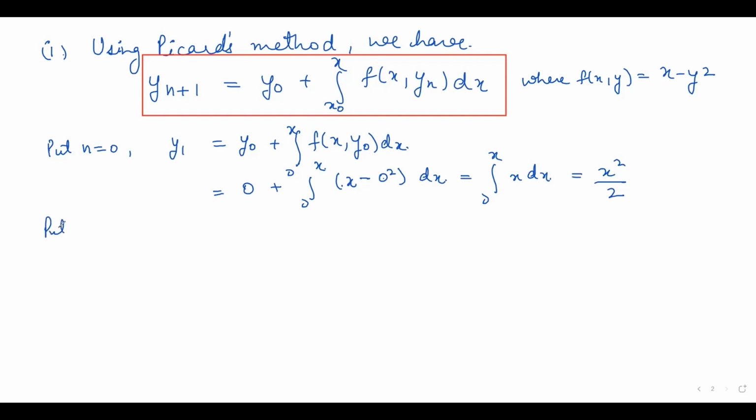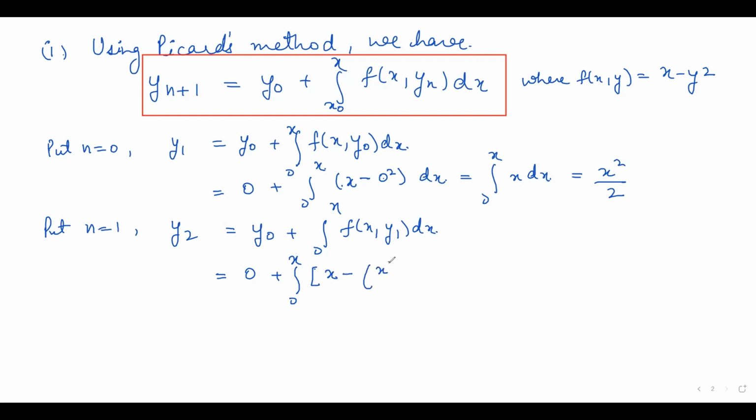When I put n is equal to 1, I'll get y2, that is y naught plus the integral from 0 to x of f of x, y1 dx. So y1 would be what you have calculated, x square by 2, and we need to substitute it. So this would be x minus y1 square. Instead of y1 square, I'll be putting x square by 2.